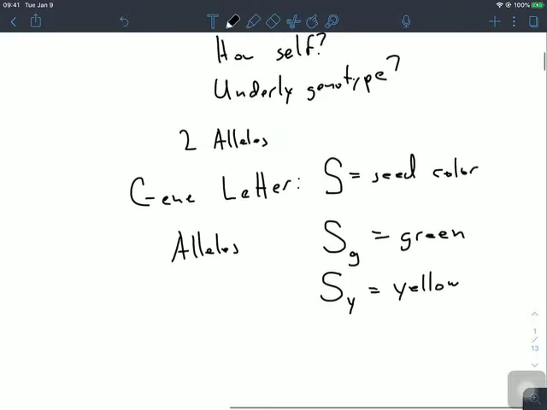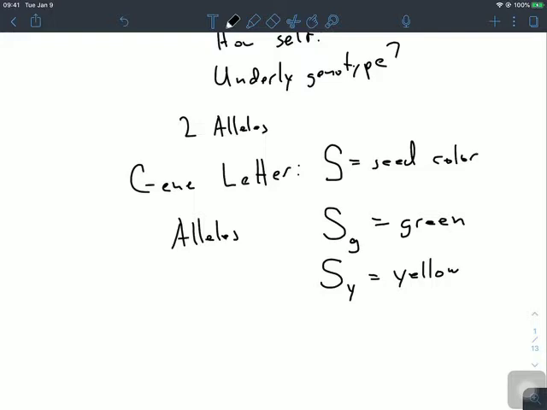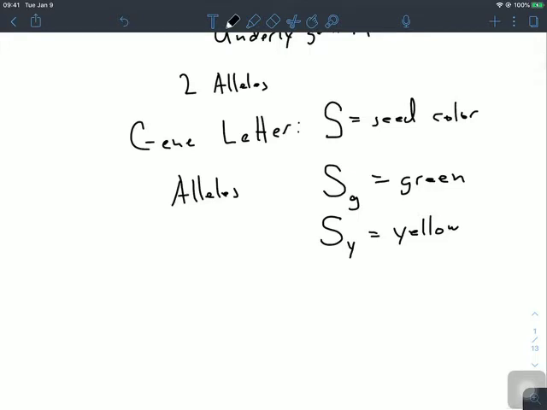So if every single parent that's true breeding has two alleles, you know that a true breeding green plant will be SG SG, because either of its allelic combinations have to match to give a fully green plant.